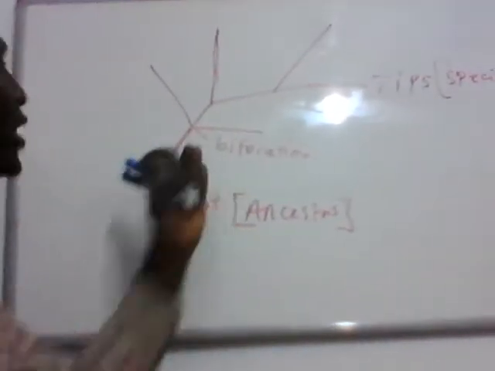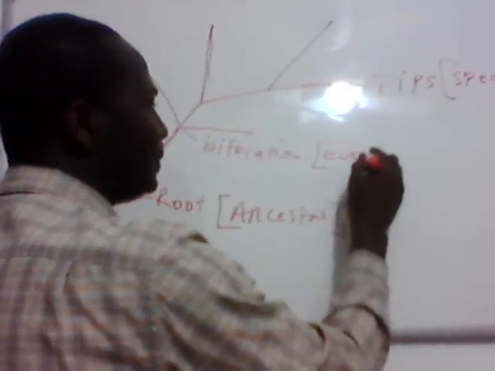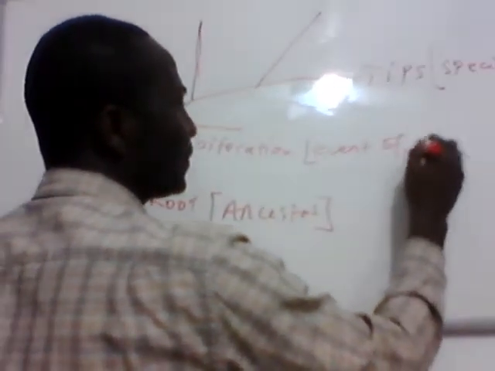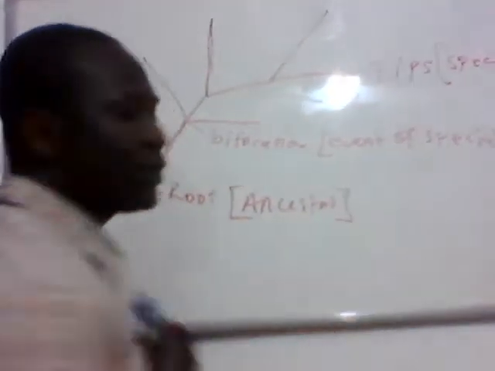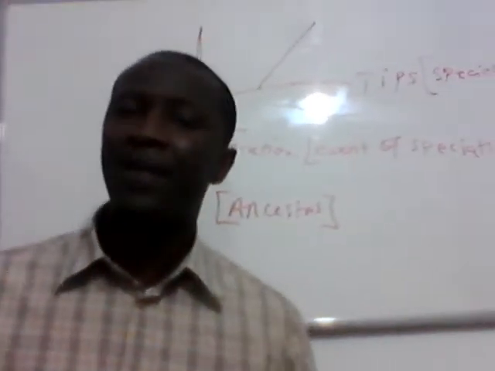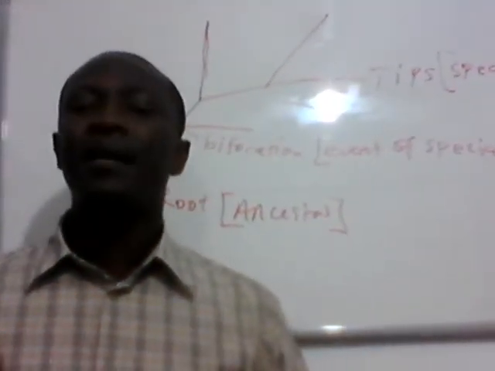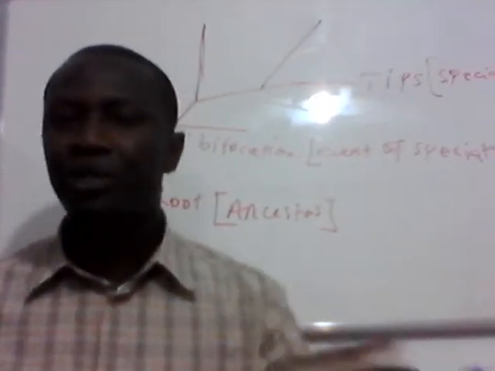Every bifurcation explains an event of speciation. I'm sure you know what speciation is. Speciation is the radiation of a new species, how one species will diverge to form new species.